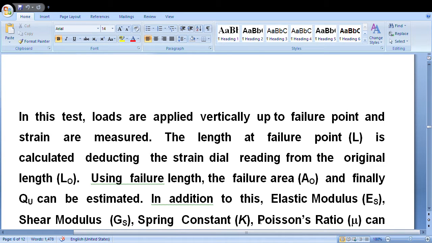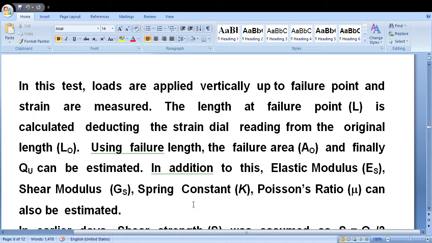Further, from this stage we can calculate the elastic modulus, that is Young modulus, shear modulus, spring constant, and Poisson ratio. These are very useful information.